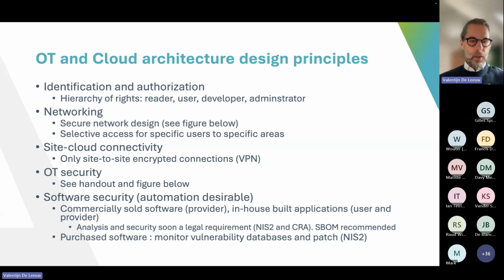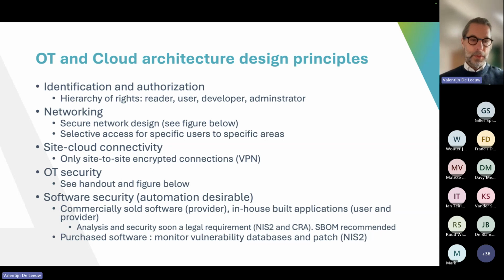And what we also recommend is to have selective access for specific users to specific areas. To give an example, only quality control people can access the quality control applications, but not the production applications or the logistics applications.